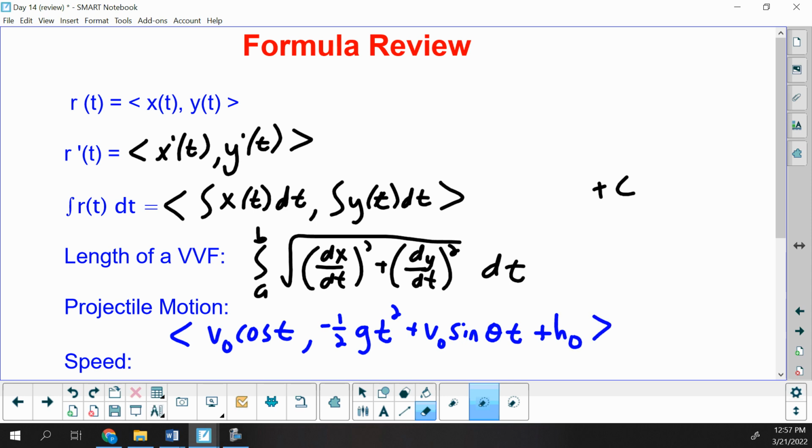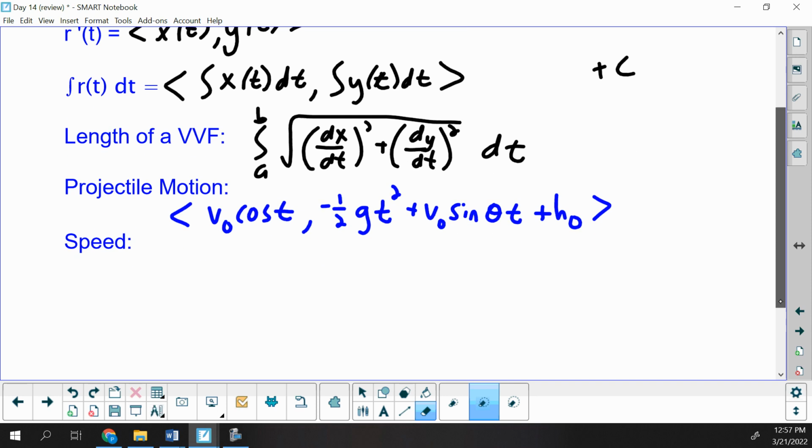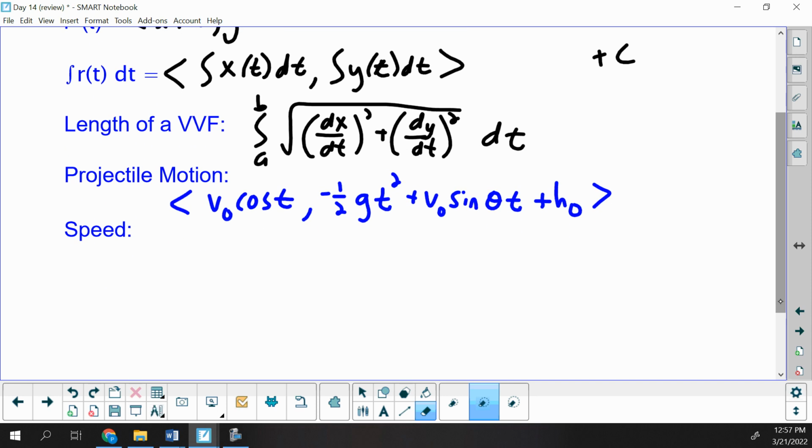You could have it written as a vector valued function. We saw some on the homework where we just wrote the x and the y separately, and you could do that as well.